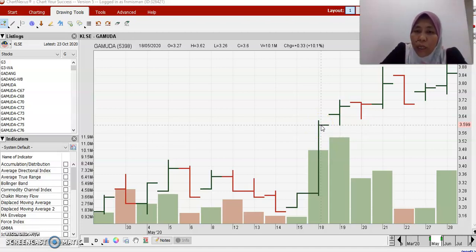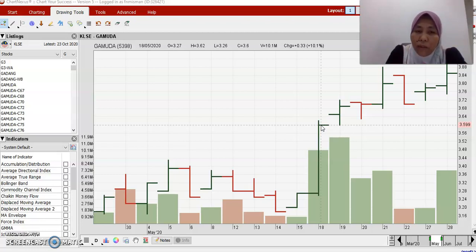With the line chart, we cannot see the movement for each day, so it's very difficult for us to identify investor psychology or investor feelings about the stock for that day, as the line chart only reports the closing price.